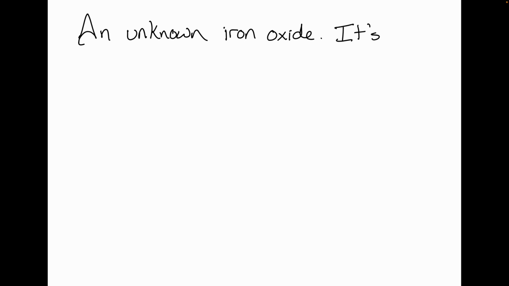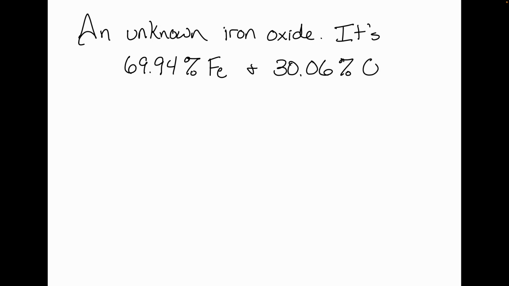All right, and it is going to be 69.94% iron and 30.06% oxygen by mass. I want to know what is, in this case I can even say my chemical formula because it's an ionic compound.